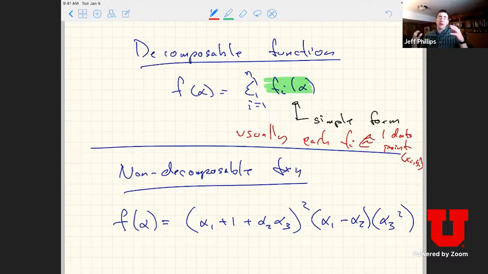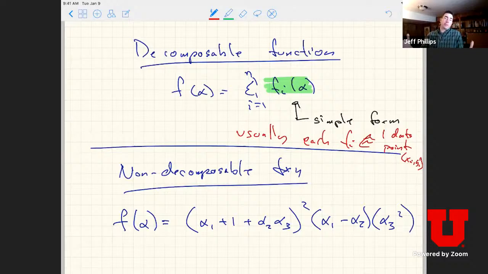So I usually have a total loss function, f, that I want to minimize, and it usually comes from the sum of a bunch of individual loss functions from a bunch of these data points. This shows up through most of data analysis, basically the premise of building models from data. And so decomposable functions have this, and that makes stochastic gradient descent make sense.